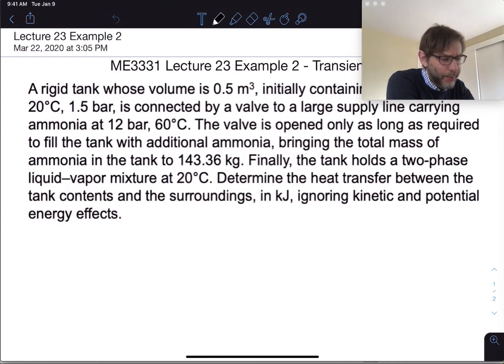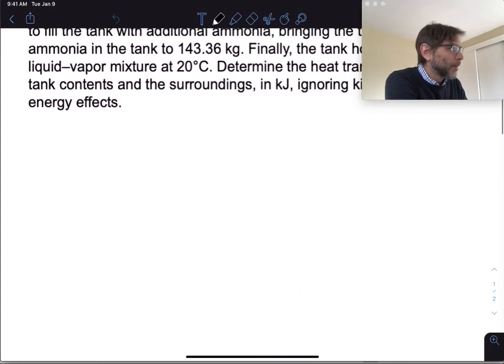Now it's getting a little more complex. Determine the heat transfer between the tank contents and the surroundings in kilojoules. So it's the same problem as what we had before, essentially, except now you have this flowing thing, and you've got phase change and all that stuff. So let's figure this out.